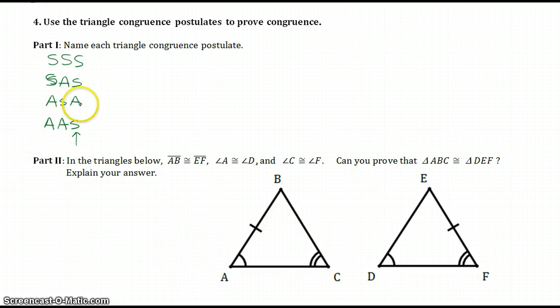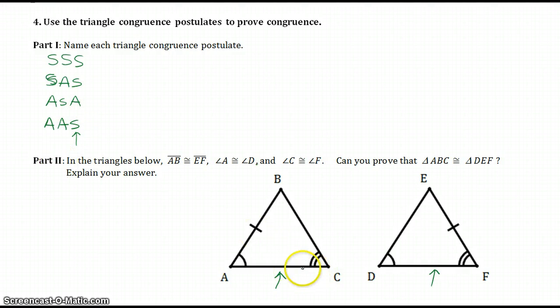Angle, side, angle, and angle, angle, side are the only possibilities because those have 2 angles and a side. In order for angle, side, angle to work, we would need the side in between the 2 angles to be congruent. So we would need AC congruent to DF. And we don't have that, so angle, side, angle is not going to work.